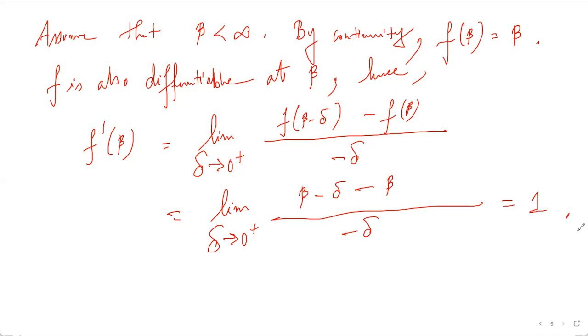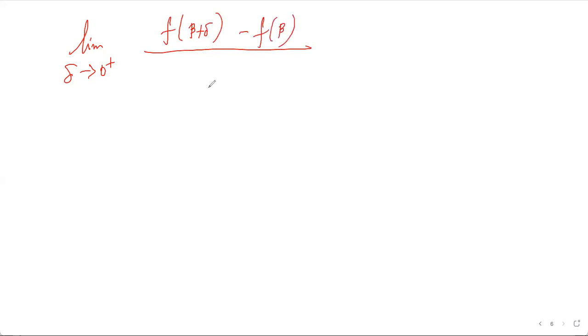And now let's approach from the right hand side. The limit as delta tends to 0 plus of f of beta plus delta minus f of beta, divided by delta, will be equal to f dash beta, because at beta the function is differentiable, and this should be equal to 1.